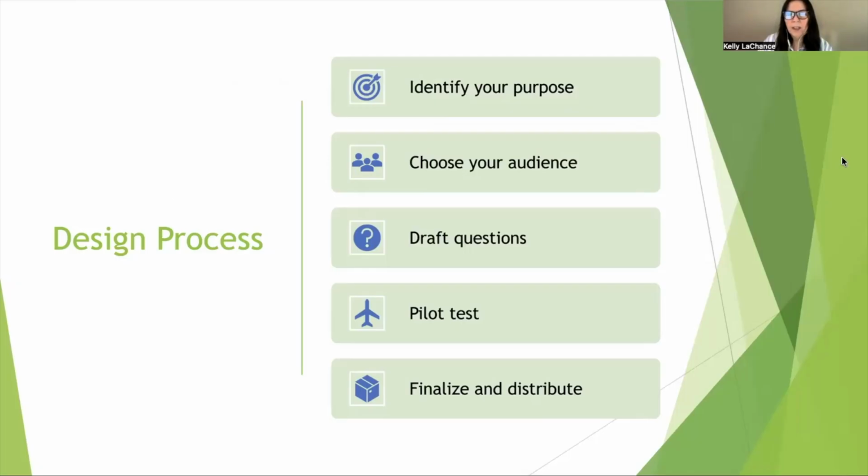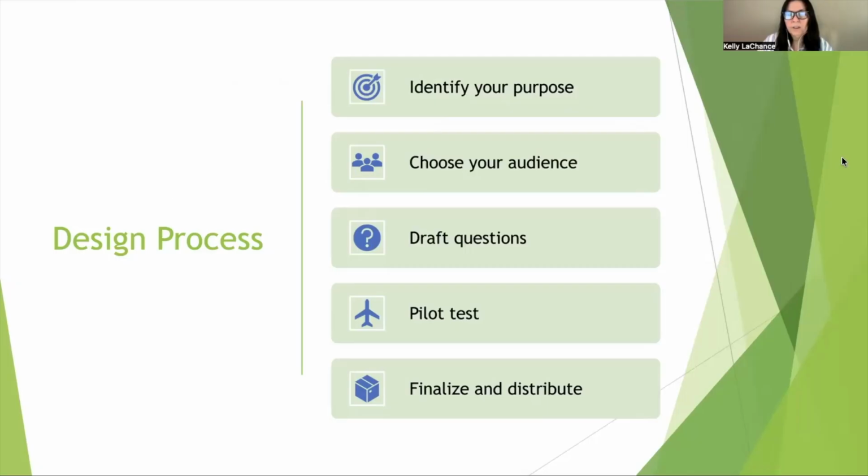And once you have your survey designed, it is always recommended to do a pilot test. You can send it to folks in your organization or maybe some folks outside of the organization who can take the survey. They give you feedback on questions; if this question or that question seemed like it needed some revision, they can give you that feedback.